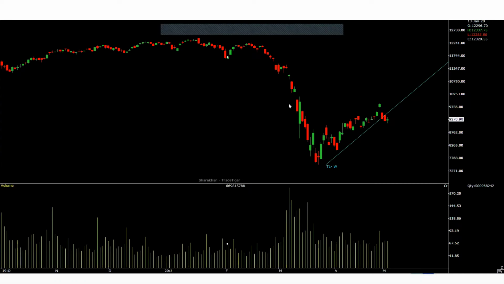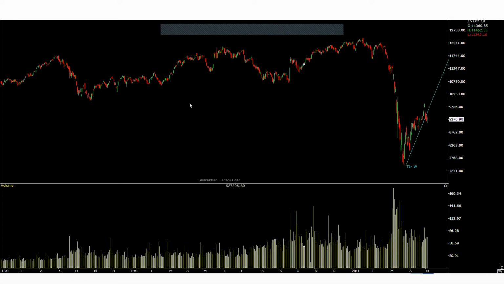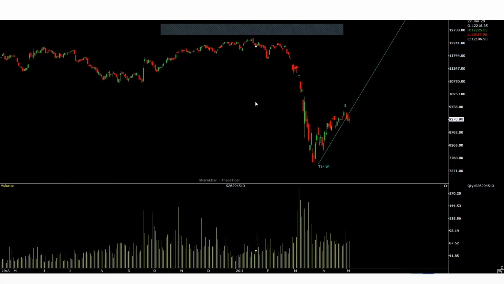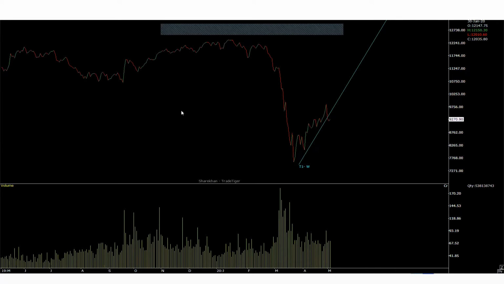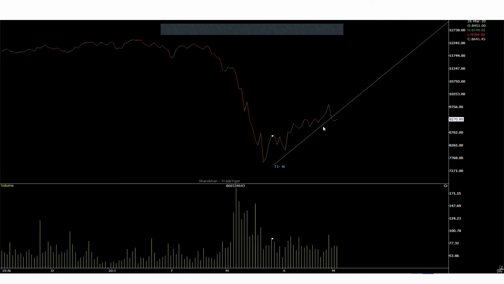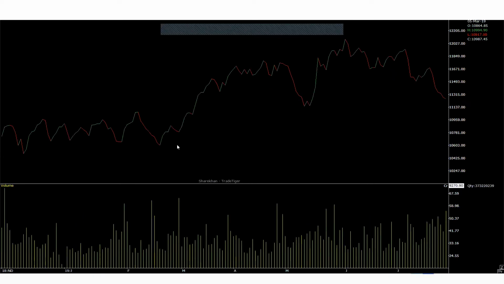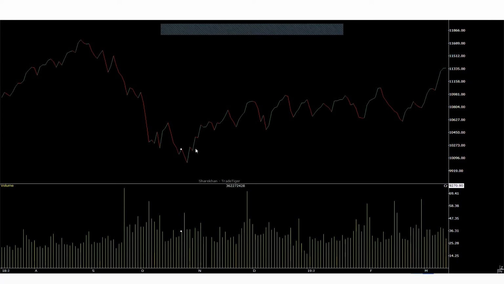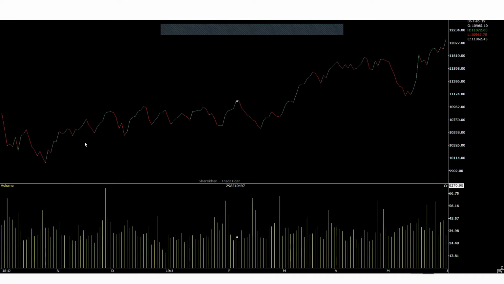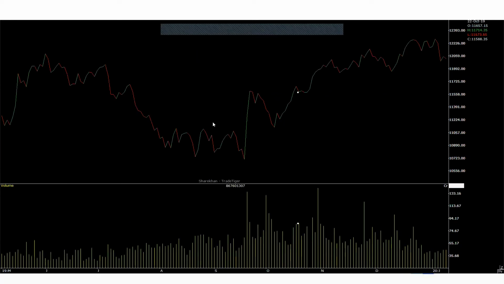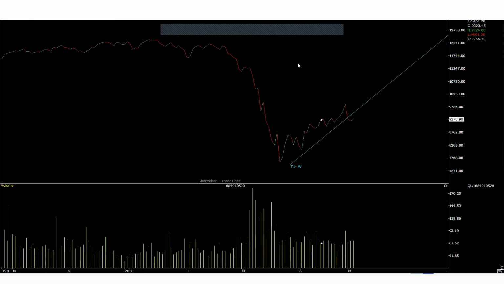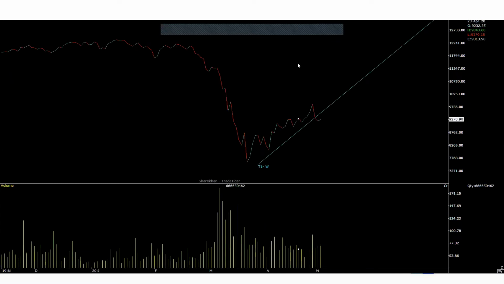Other than that, there is no use of the bar. If you convert it to the line chart, you will get the proper wave of the candles. It is great for identifying the trend on the basis of closing. So there are no other uses of the bar chart at all.